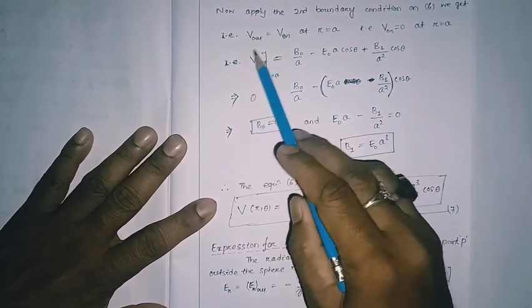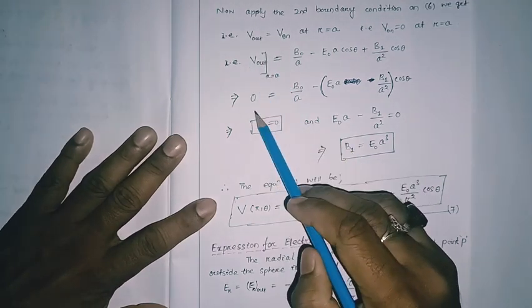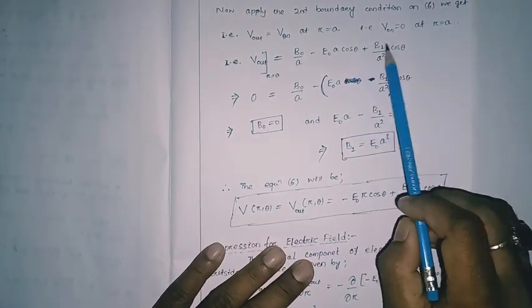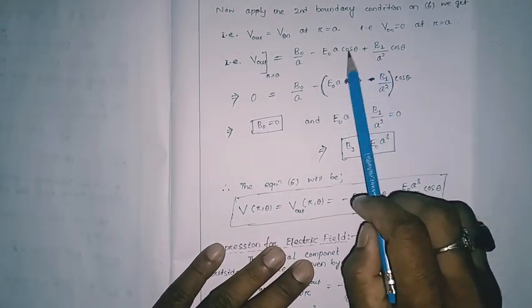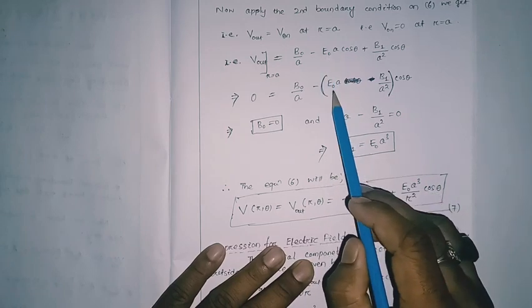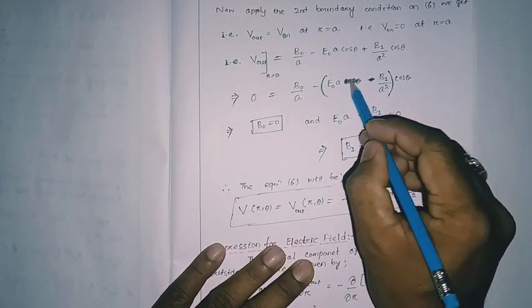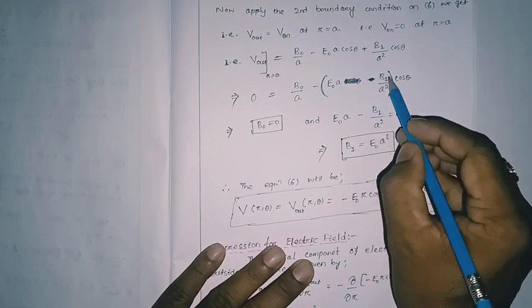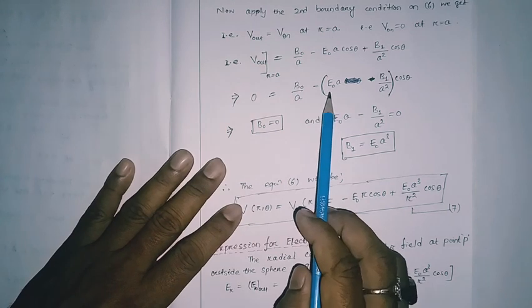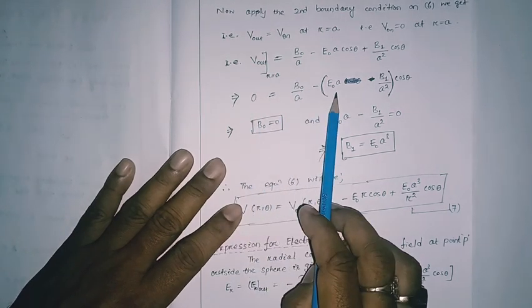According to the second boundary condition, this value is 0. B0 by a is there, and cos theta is taken outside from these two terms. We find E0 a minus B1 by a square, times cos theta. Now compare LHS and RHS.